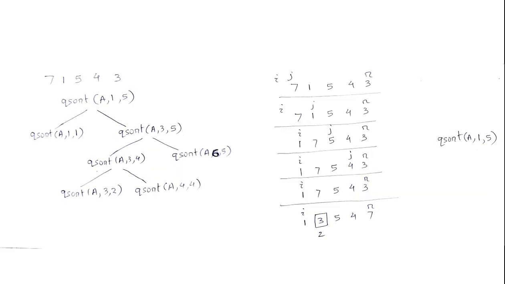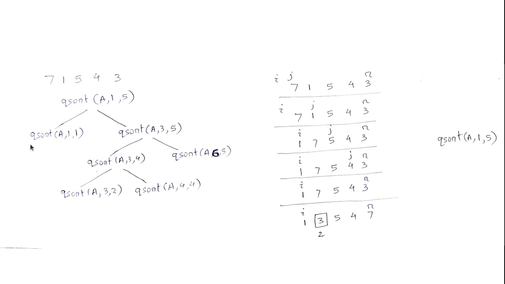Today I will only explain how the stack is created and maintained in quicksort. Let us consider this example. Let us assume that this is the array A, which contains 5 elements 7, 1, 5, 4, 3, which is an unsorted array, and we will apply the quicksort algorithm to this array and will sort the elements.